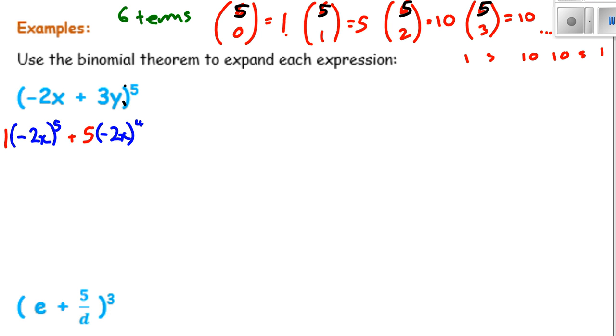And then I've also got to factor in my 3y. What's going to be in my exponent on my 3y? Yeah, just 1. Yes, you can leave it, or you can write the 1 if it helps. Yes, so feel free to continue on if you want.